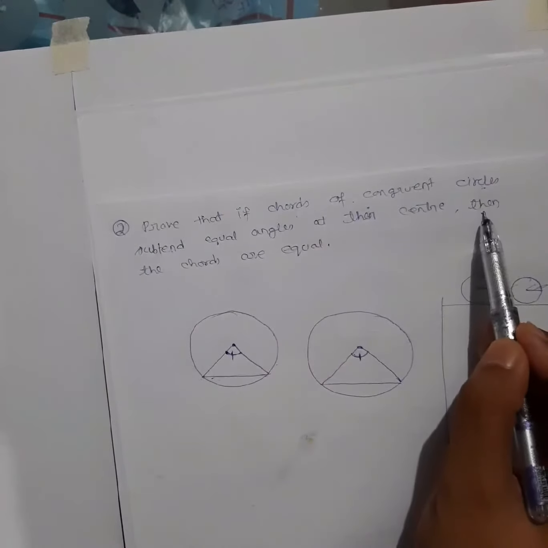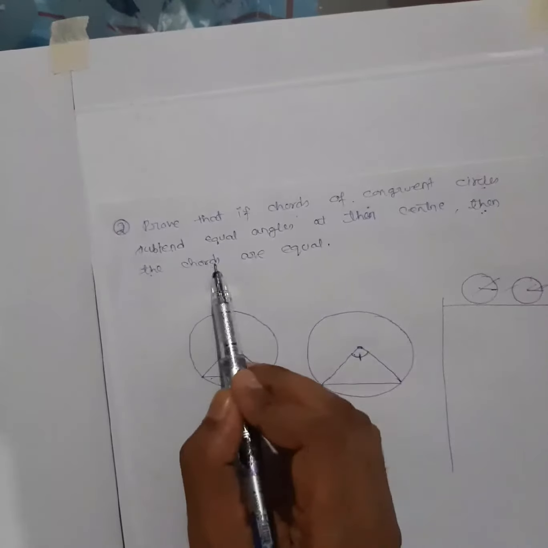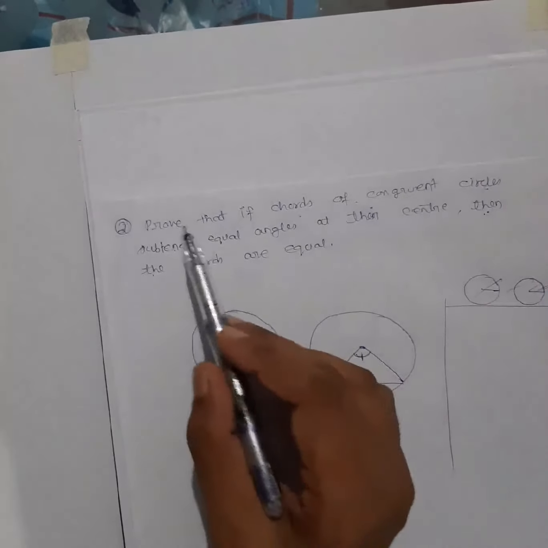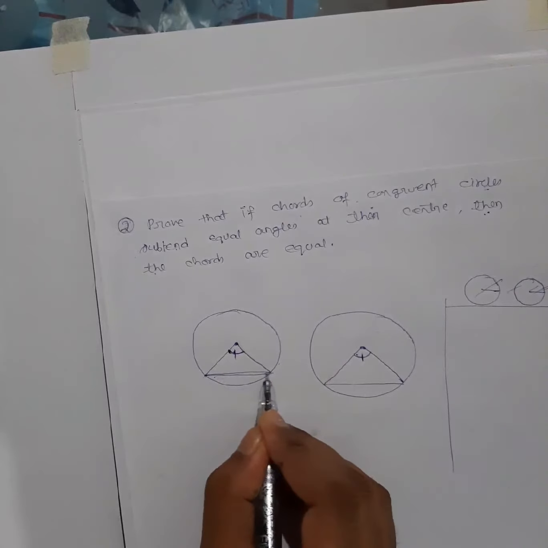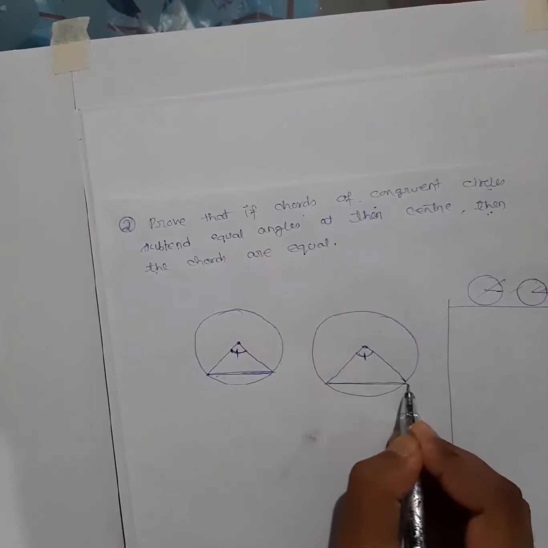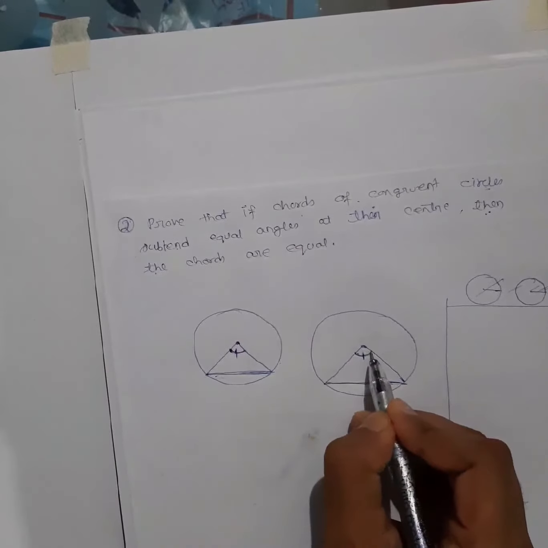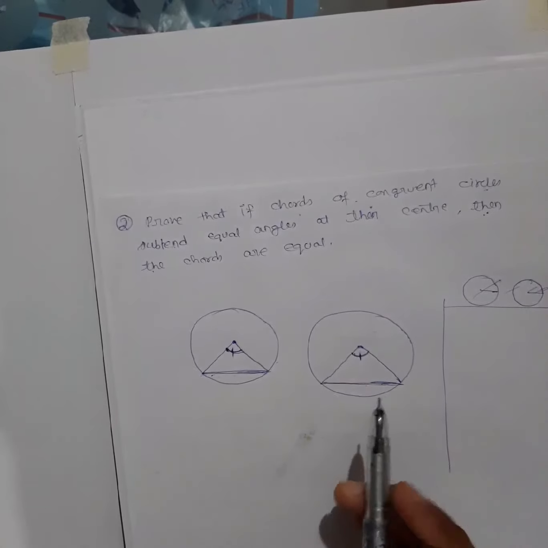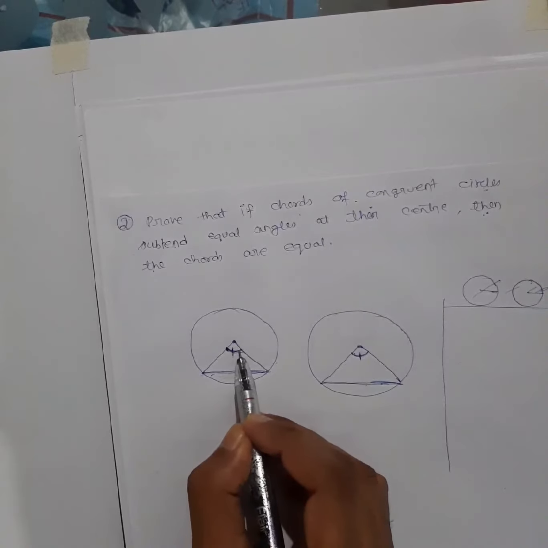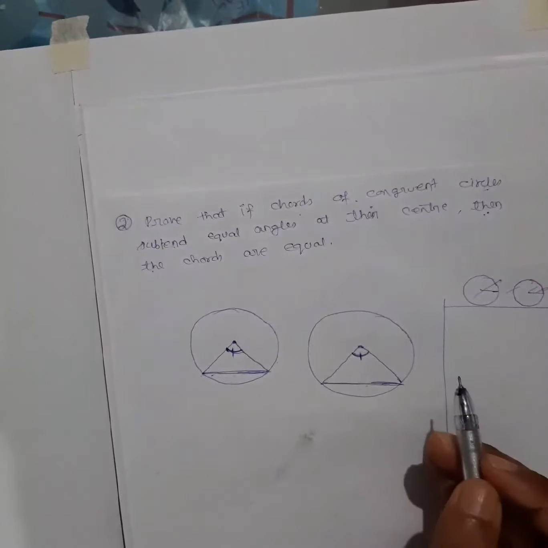So see here carefully what they have asked. Then the chords are equal, you have to prove. So prove that the chords are equal. So I have to show this one is equal. Now see, only with this angle equal can you show this chord is equal. What property will you use, right? Now see, this angle equal, right?